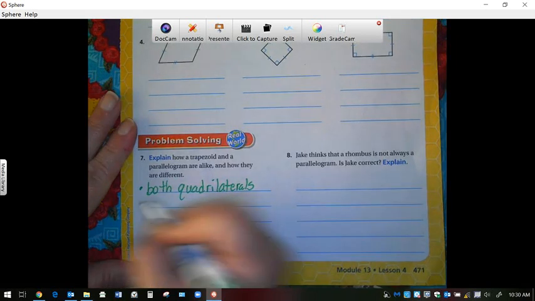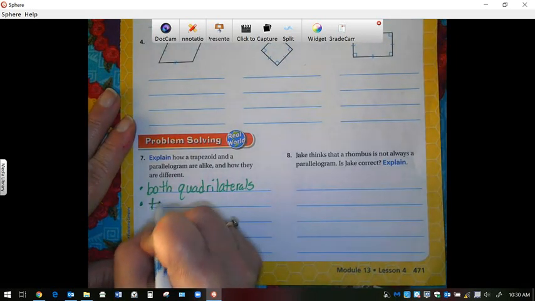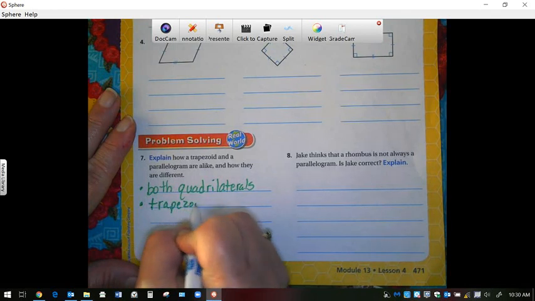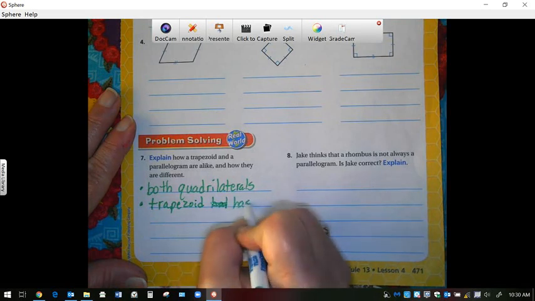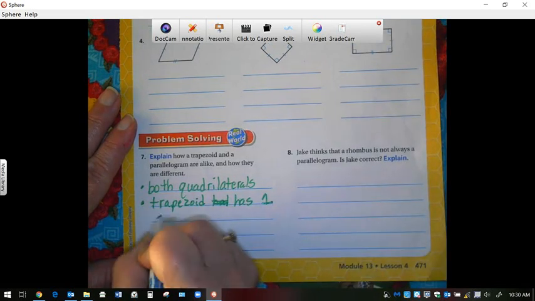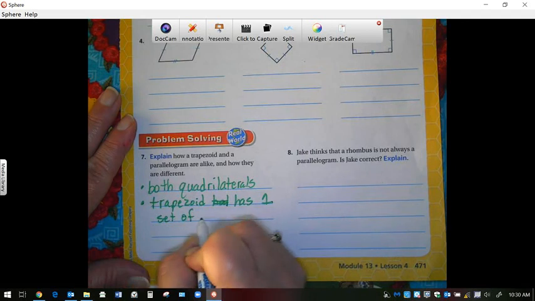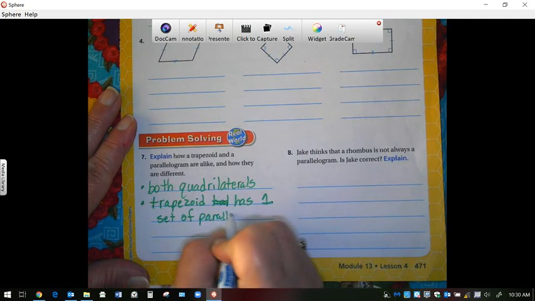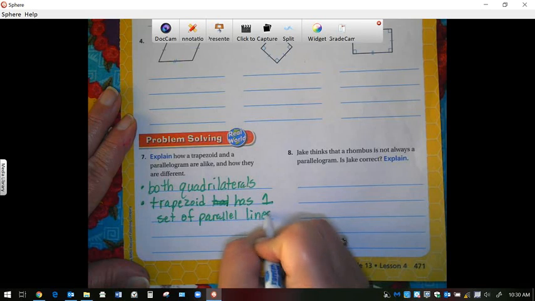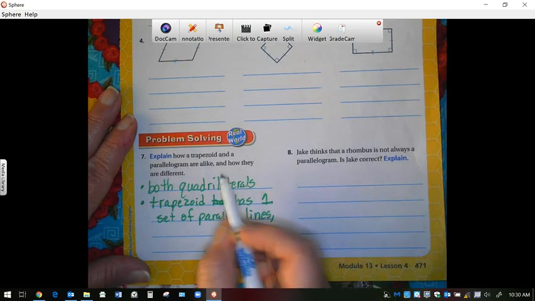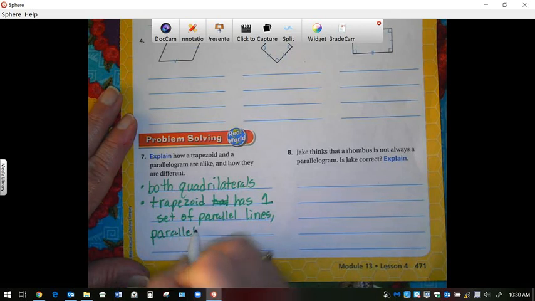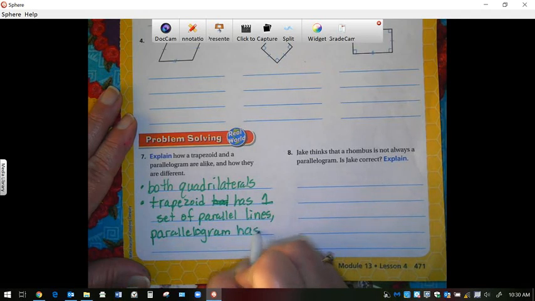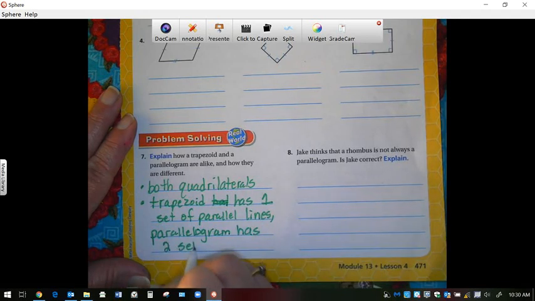Something that is different is that the trapezoid has one set of parallel lines, but the parallelogram has two sets. Okay?